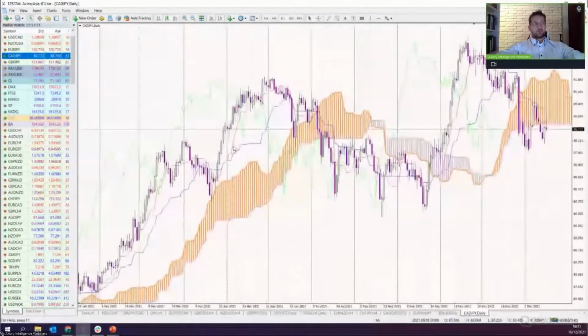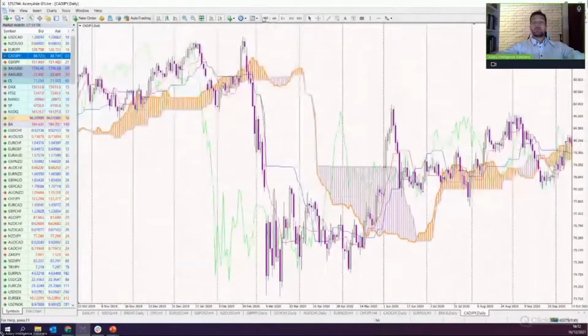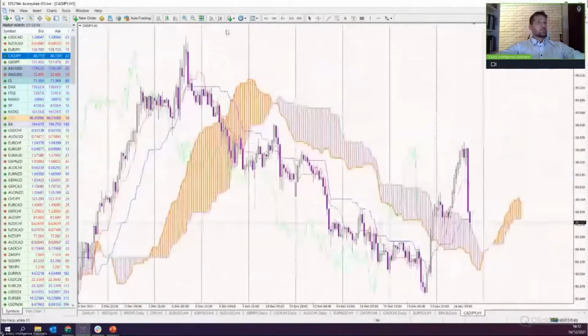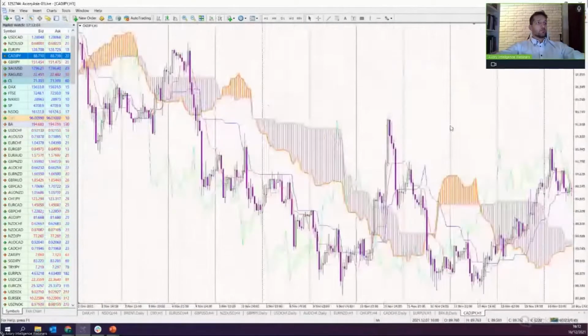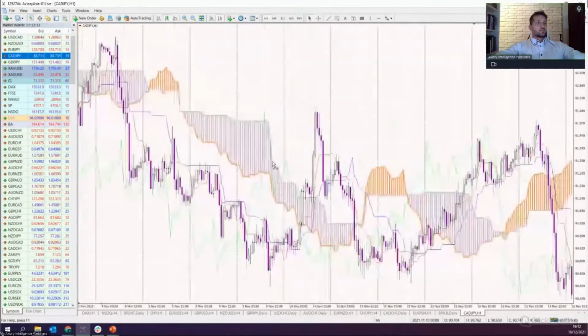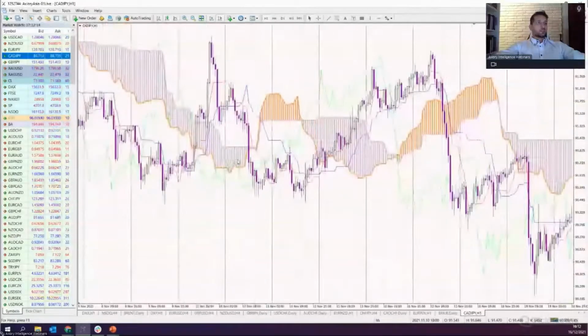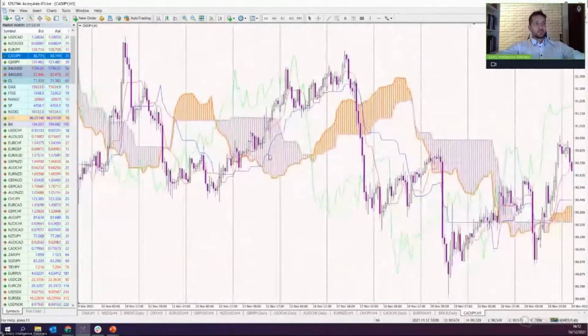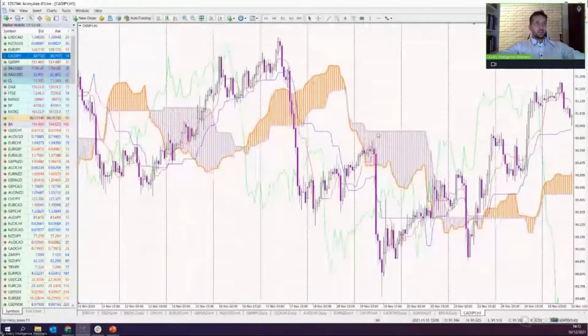Another example. Canadian dollar, Japanese yen, maybe a different time frame. Let's go for H1. Breakout. Does it work as a resistance? Not really. Does it work as a support? Not really.